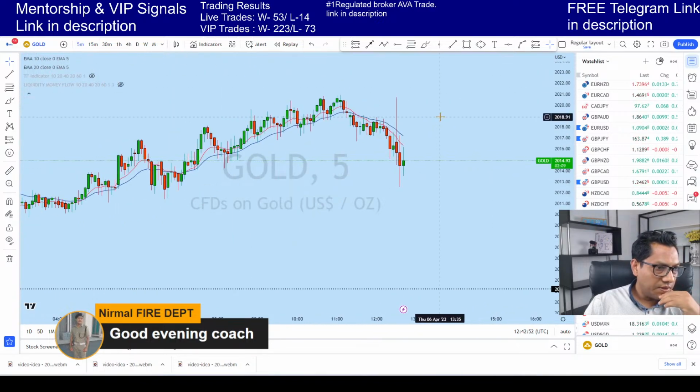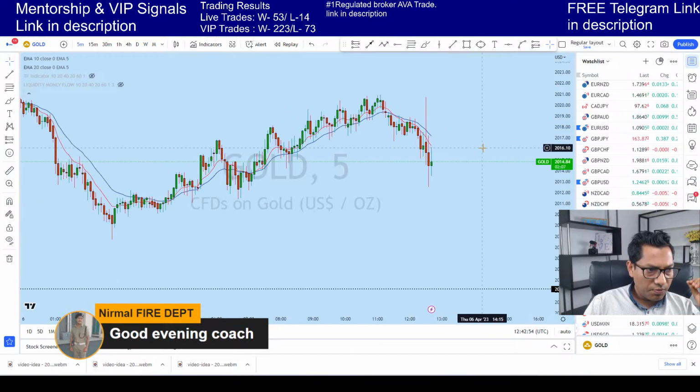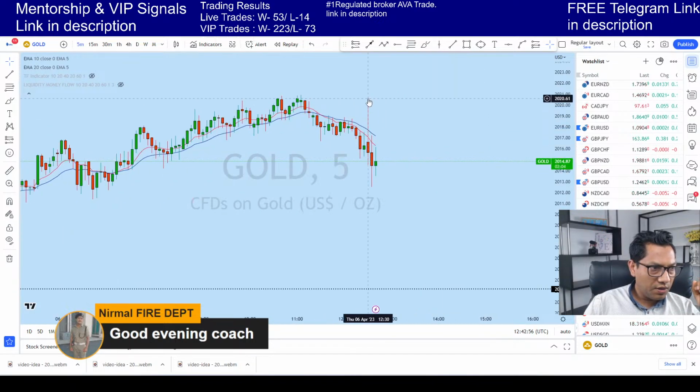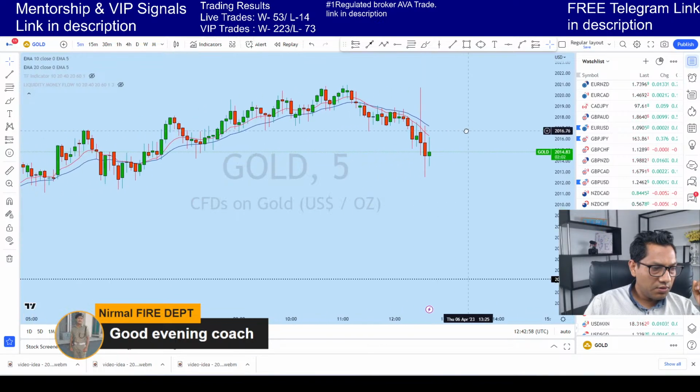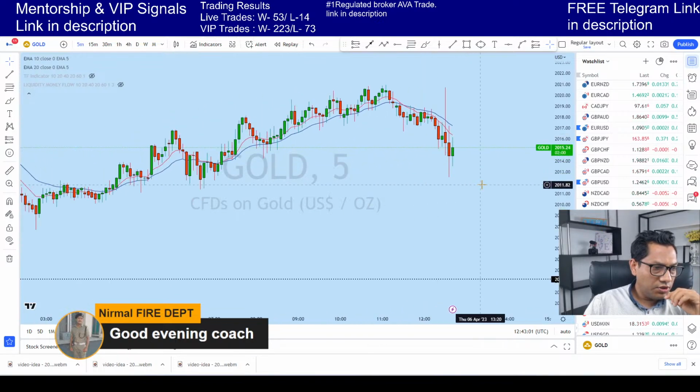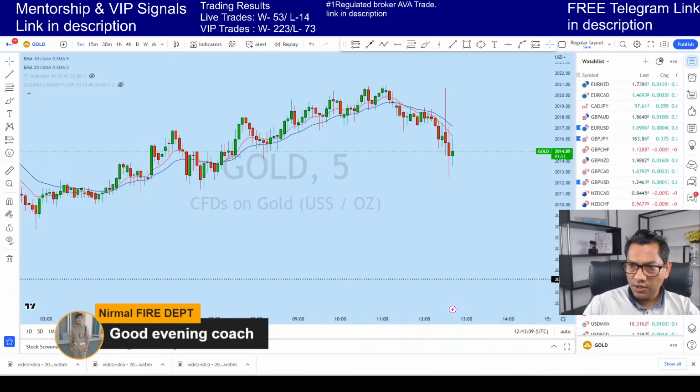Finding an entry sometimes becomes a matter of patience. We see that there is a big red candle followed by a doji. So let's see the news tomorrow. NFP, as you know, guys, is a very important day as a trader.